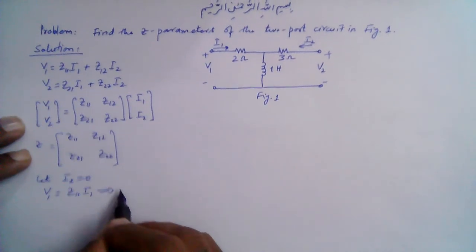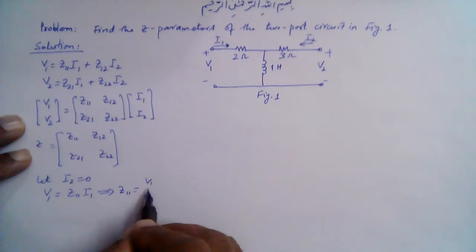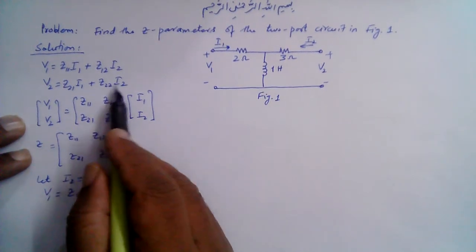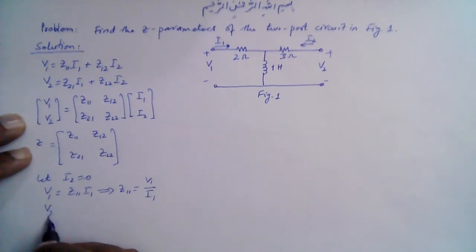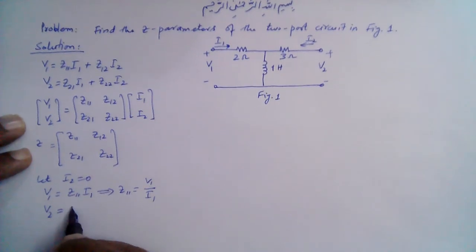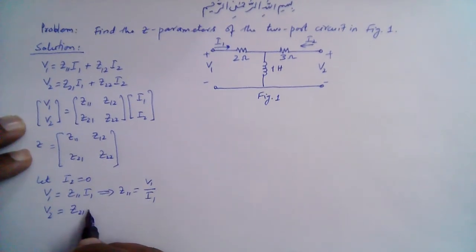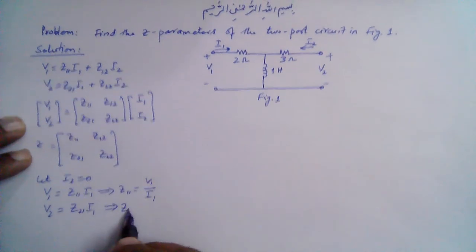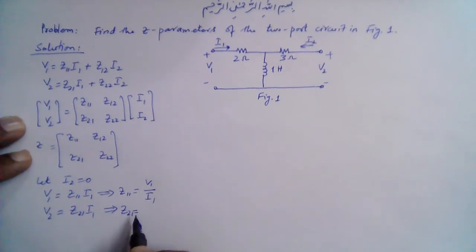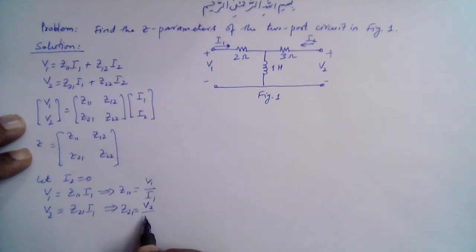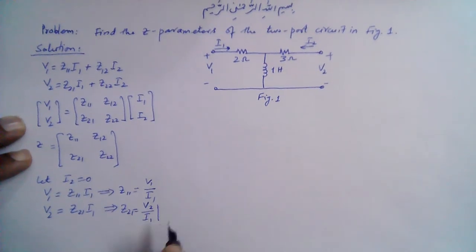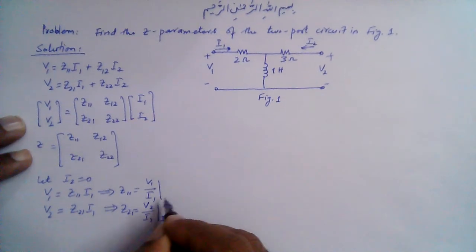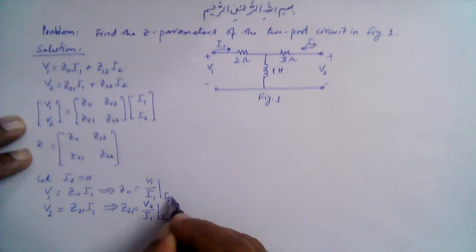And this means Z11 is equal to V1 divided by I1 when I2 is equal to 0. And here when I2 is equal to 0, V2 is equal to Z21 I1. So that means Z21 is equal to V2 divided by I1 when I2 is equal to 0.